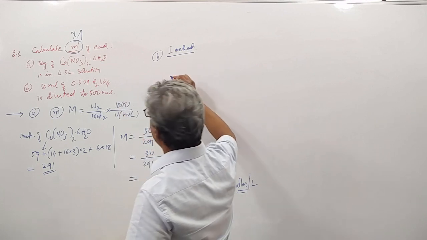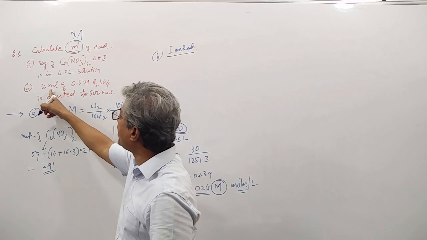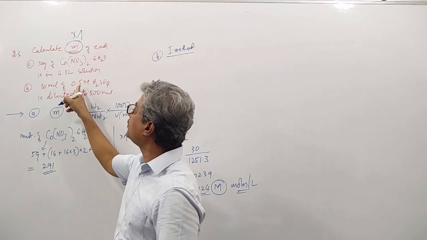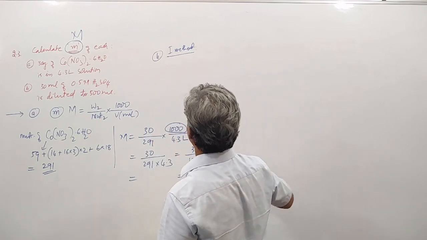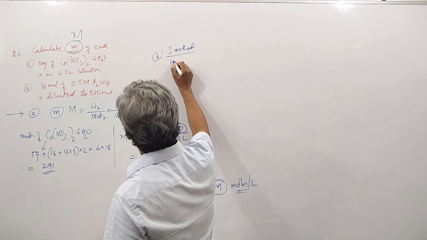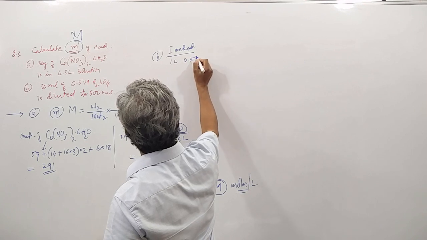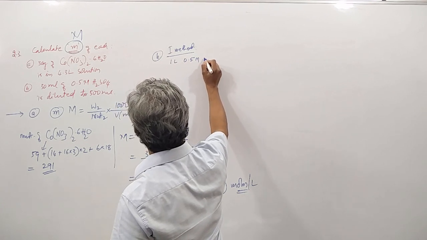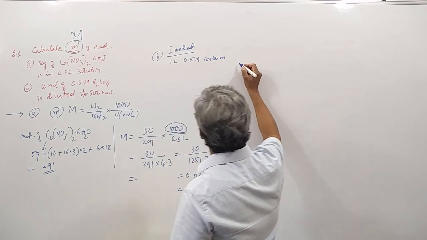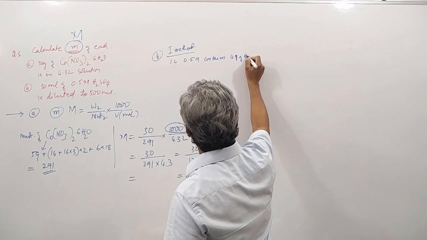Okay. Here, to calculate the molarity, we need the weight, isn't it? So we need to find out what is the weight of sulfuric acid present in 30 ml of 0.5 M solution. See, students, 1 liter of 0.5 M H2SO4 contains 49 gram of H2SO4.